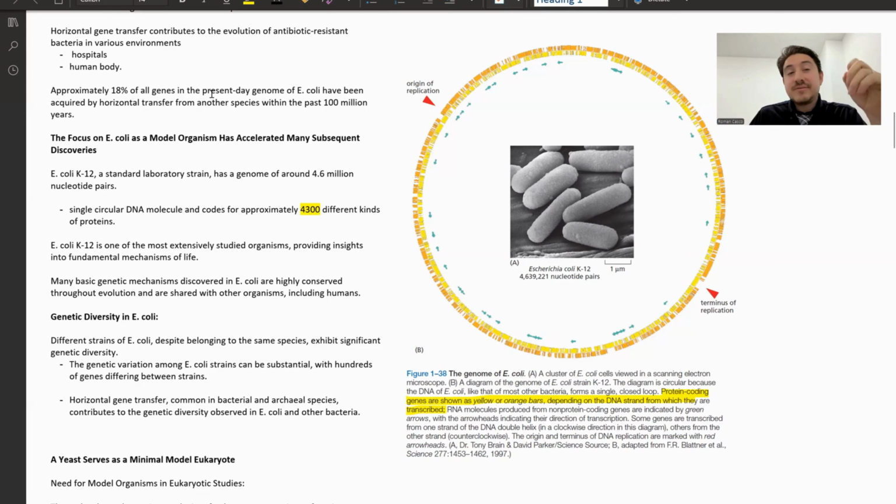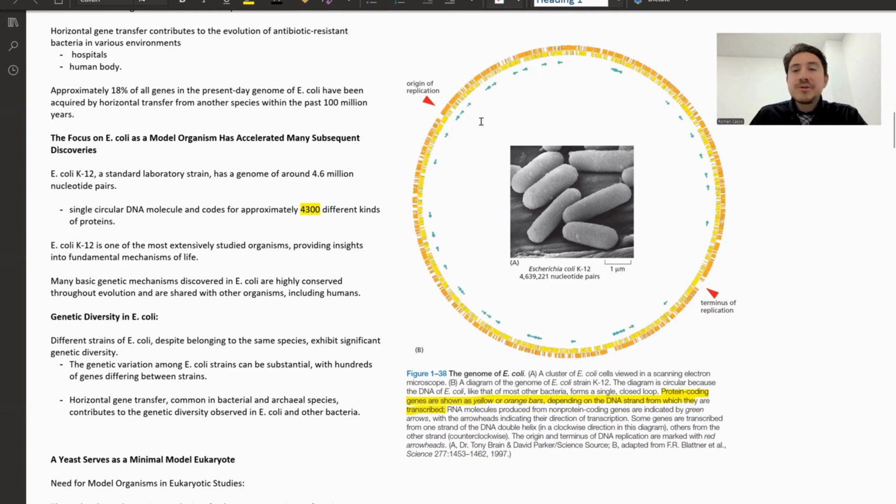Approximately 18% of all genes in the present day genome of E. coli have been acquired by horizontal transfer from another species within the past 100 million years. So there has been a lot of horizontal transfer collecting throughout time to what we have now.